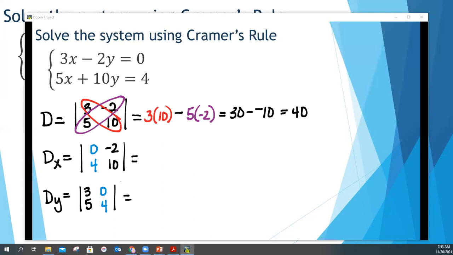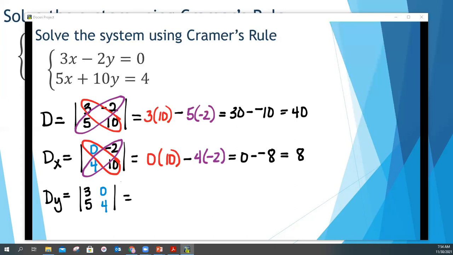And for my dx matrix, I have 0 times 10 minus 4 times -2. So that would be 0 minus -8, which is 0 plus 8, and that gives us 8.